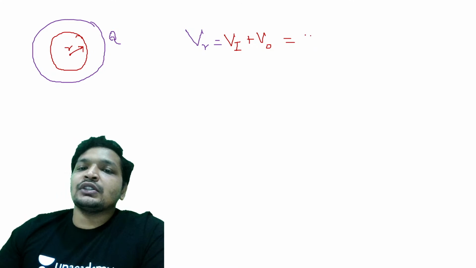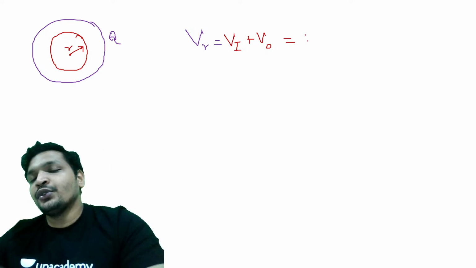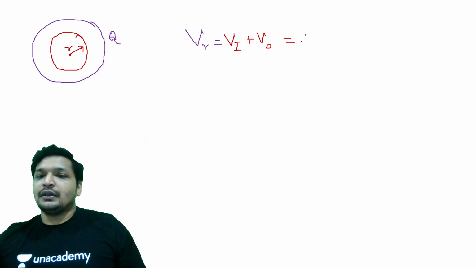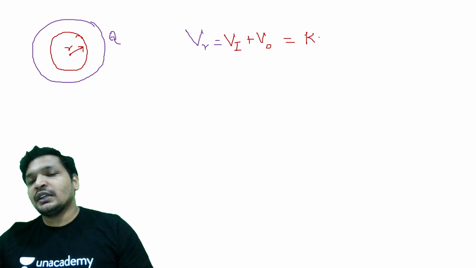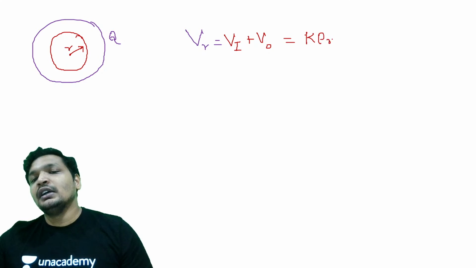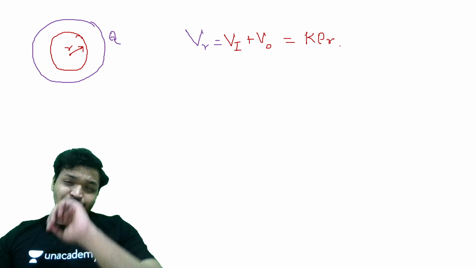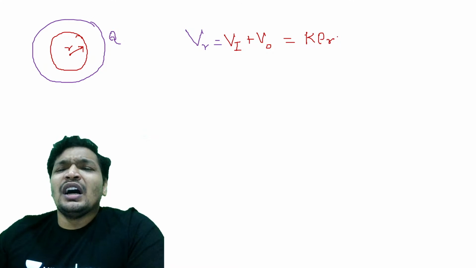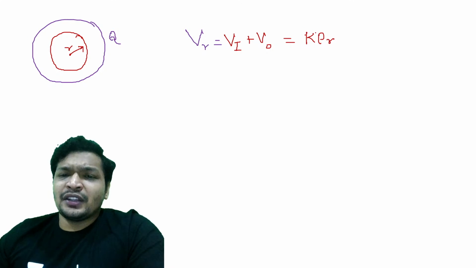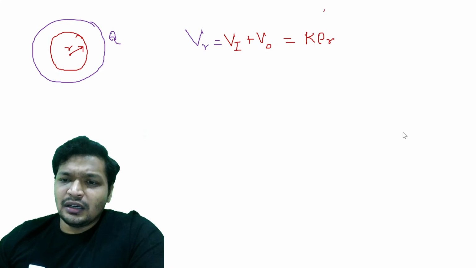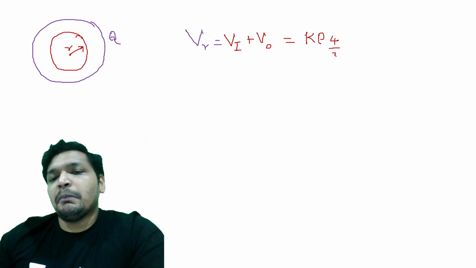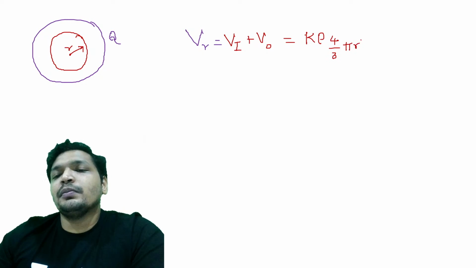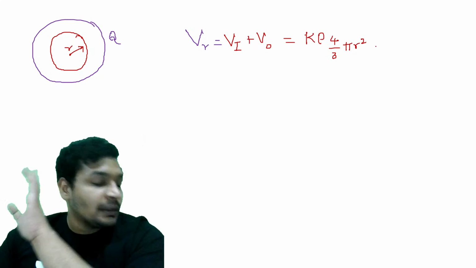Due to inner, it's always going to be like K into Q inner by R, which is nothing but K into rho into 4 by 3 pi R cube divided by R. So it's going to be 4 by 3 pi R square.